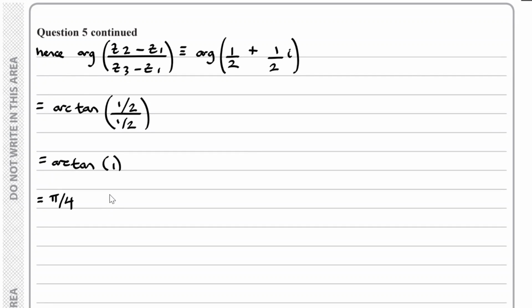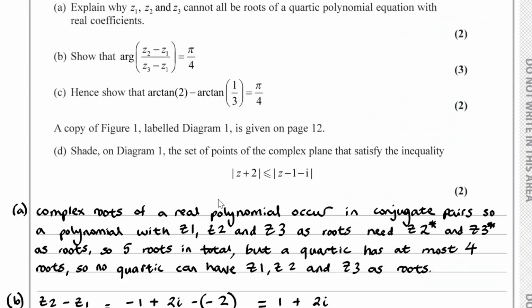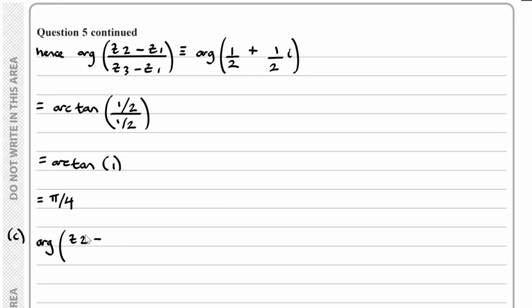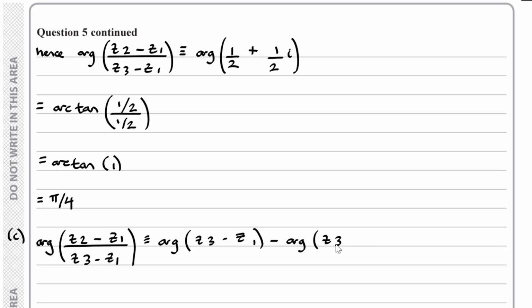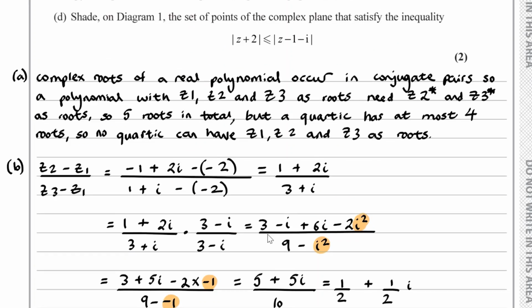Essentially, this bit over here, for part C, the argument of z2 minus z1 over z3 minus z1, that is the equivalent of the argument of z2 minus z1 minus the argument of z3 minus z1.